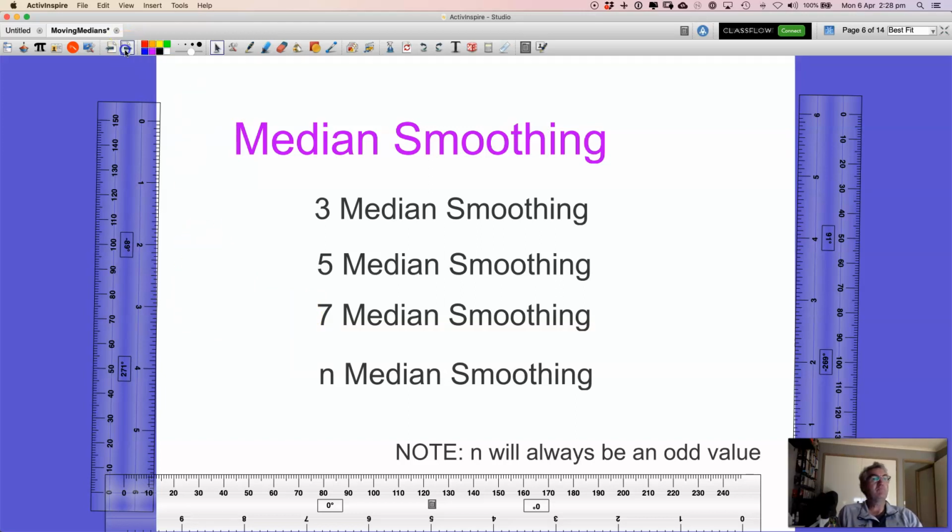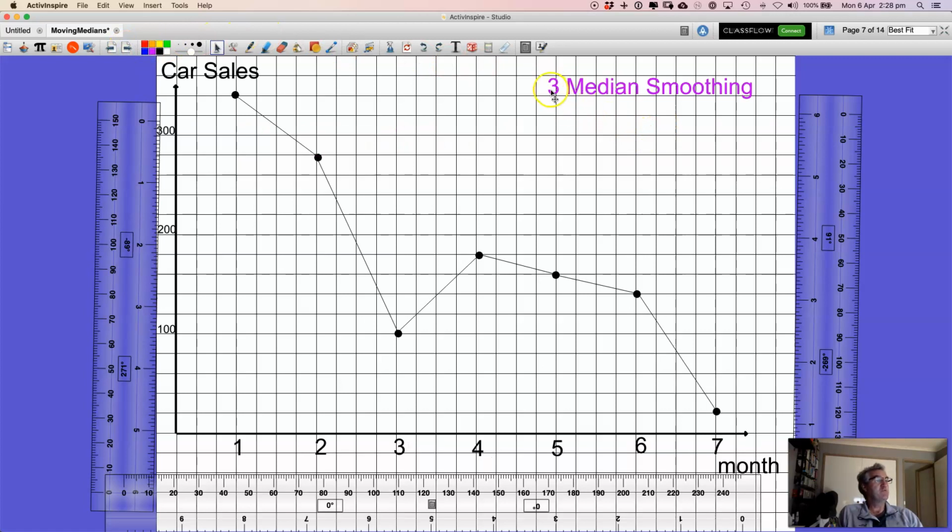If I needed to apply 3 median smoothing for this time series plot, now you can see there's a downwards trend, and we just want to smooth this out a little bit. With 3 median smoothing, you'll notice the points along the horizontal axis are equally spaced, so it makes it fairly easy.